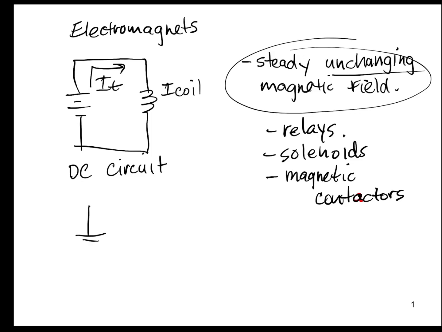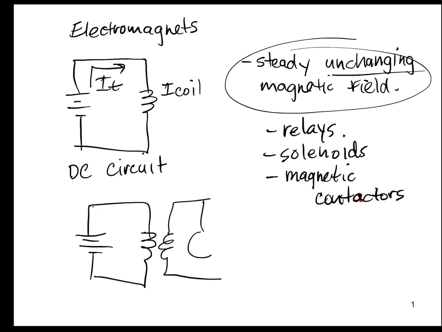If you were to look at an example of a transformer in a DC circuit, because the field is steady and unchanging, there'll be no voltage induced into the secondary, such that there would be 0 volts induced into the secondary for a DC transformer, if you want to think of it that way.